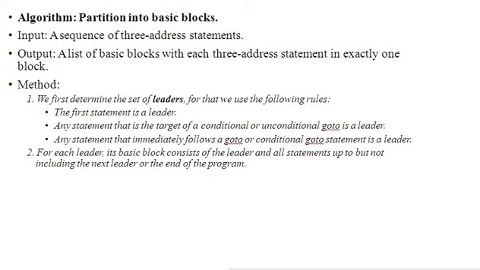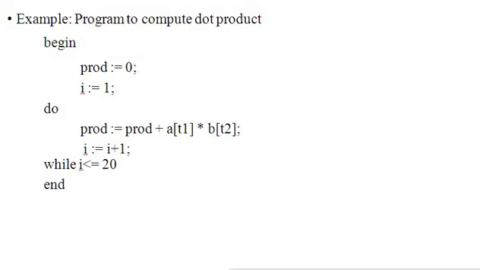Any statement that is the target of a conditional or unconditional goto is a leader, and any statement that immediately follows a goto or conditional goto statement is a leader. Second, for each leader, its basic block consists of the leader and all statements up to but not including the next leader or the end of the program. For example, a program to compute a dot product.